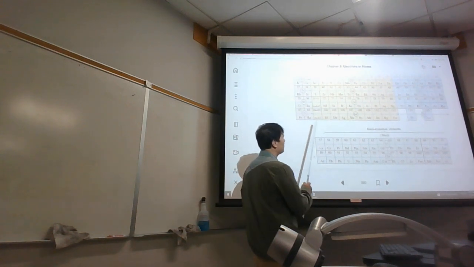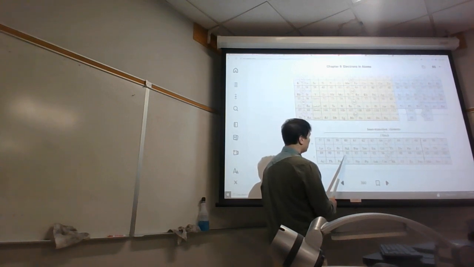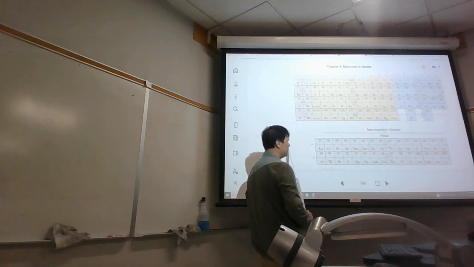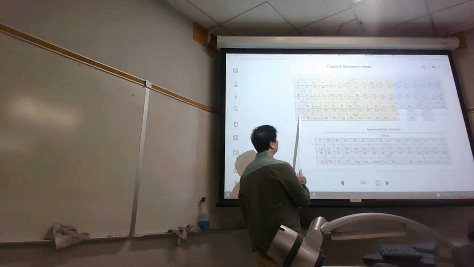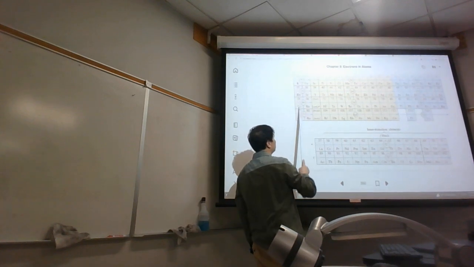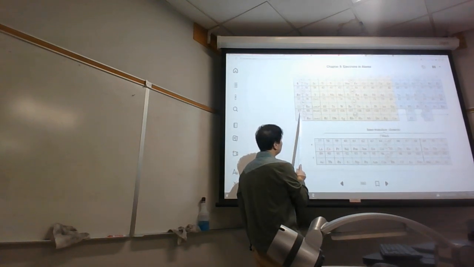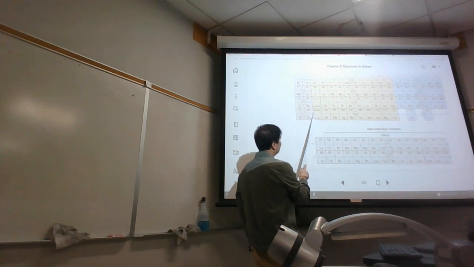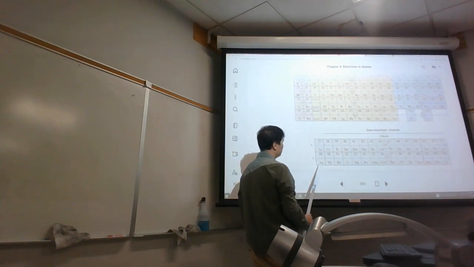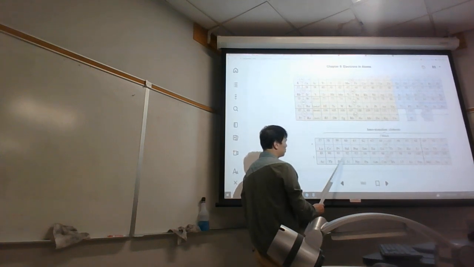How many shells are we going to fill up for uranium? Actually, uranium is in the seventh shell, when you count from the top, 1, 2, 3, 4, 5, 6, 7. It goes from 87, 88, and then 89, actinium, to 90, 91, 92. So it partially fills the seventh shell.